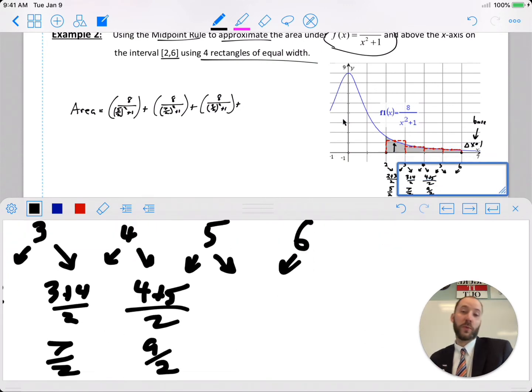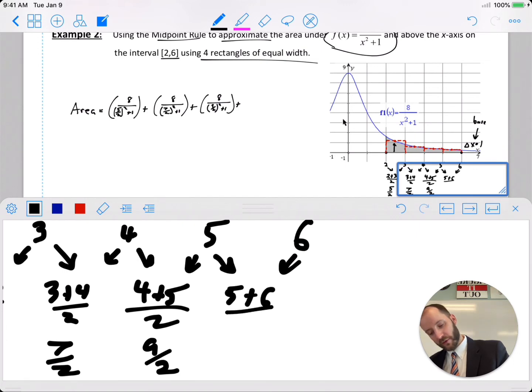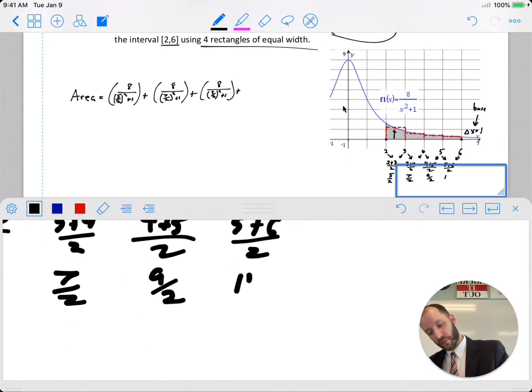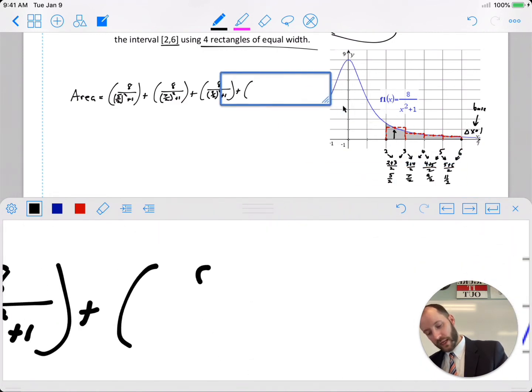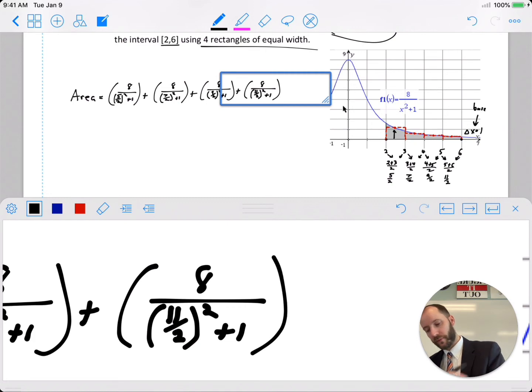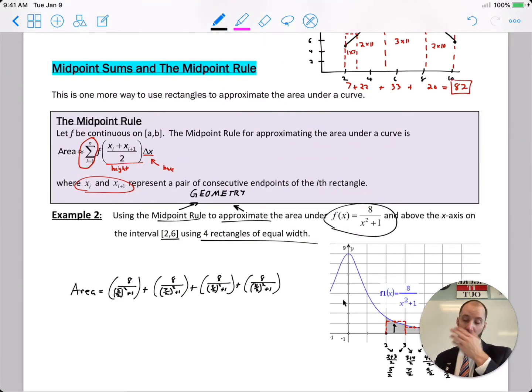So 5 plus 6 over 2, which is 11 halves, so 8 over 11 halves squared plus 1, and we have our approximation for area.